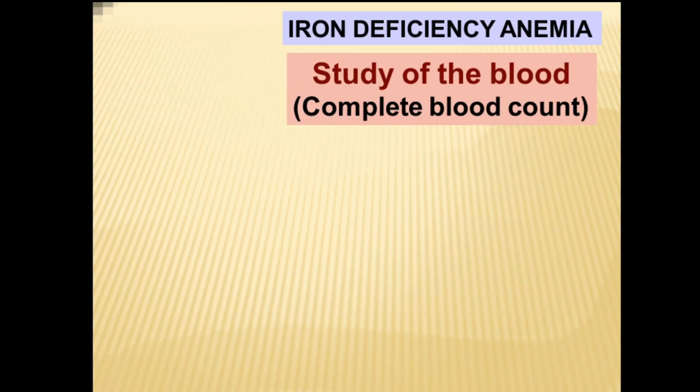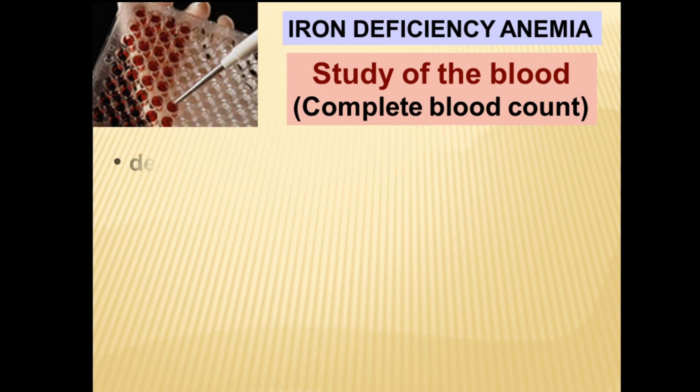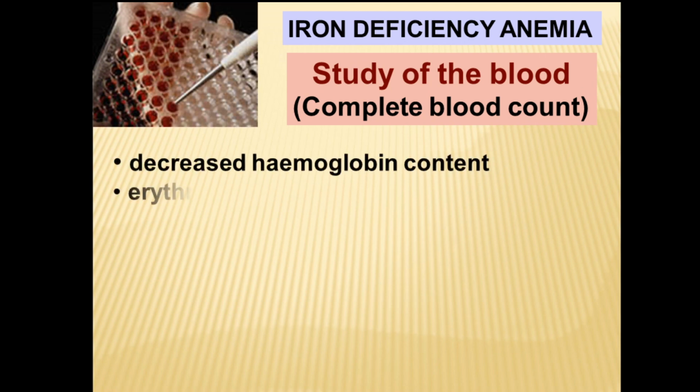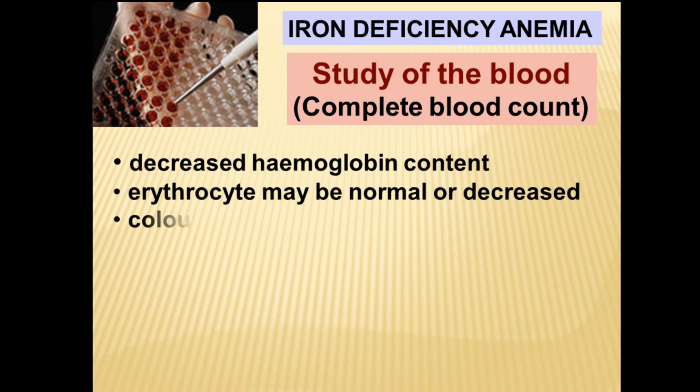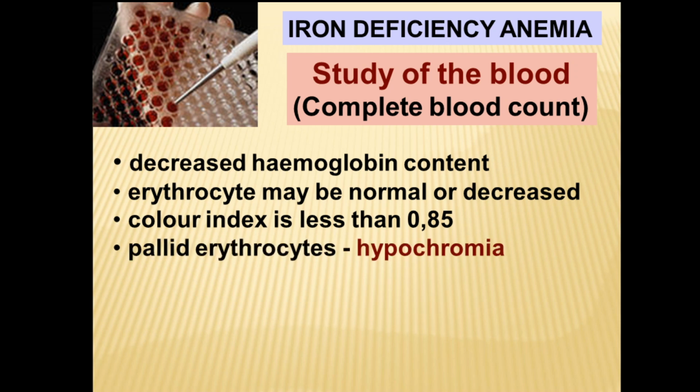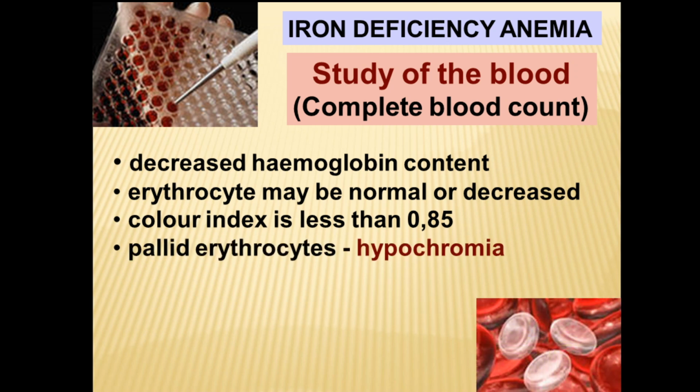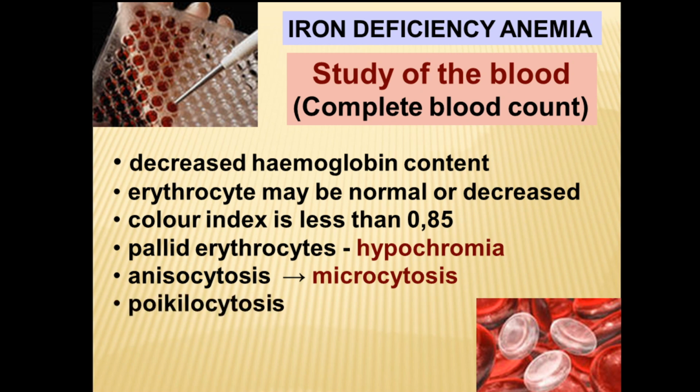Iron deficiency anemia will be revealed due to routine blood examination when we reveal decreased content of hemoglobin and red blood cells, color index becomes less than 0.85, erythrocytes become pale, we are talking about hypochromia, they are small, microcytosis, and with different pathological shape, poikilocytosis.